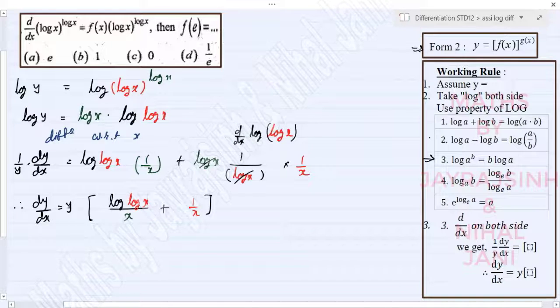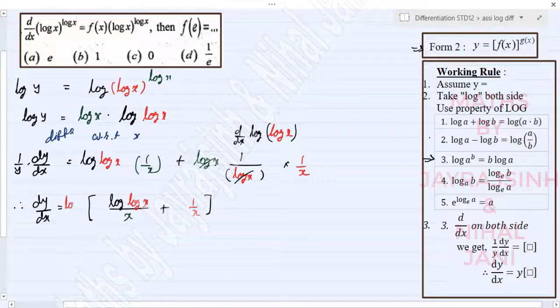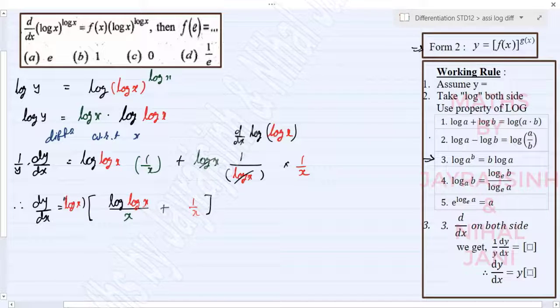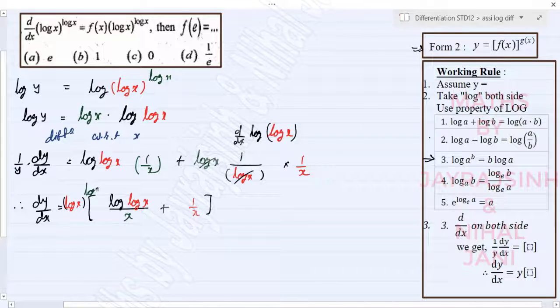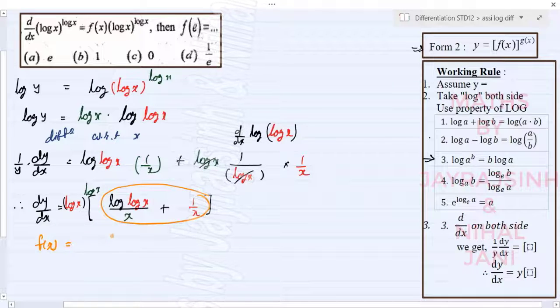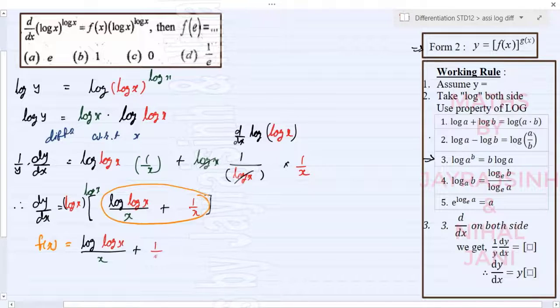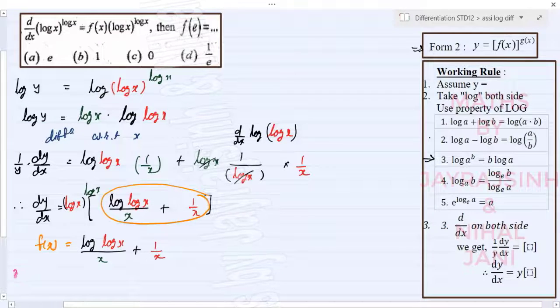So if we substitute the value of y, which is log x raised to log x, then the bracket is our f(x). So let's write down f(x) is equal to log of log x upon x plus 1 upon x. To find f of e, we have to substitute x is equal to e.